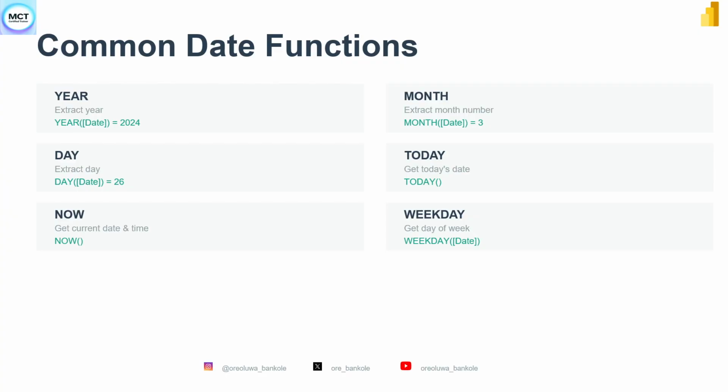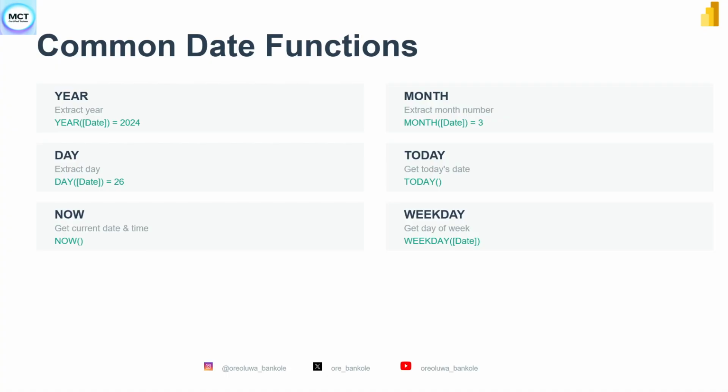For example, the year is a date part, the month is a date part, the day is a date part, the hour, the minutes, the quarter, the financial year, the day in terms of characters, they are all date parts. They are all part of the date. So the year allows us to extract the year part of the date.